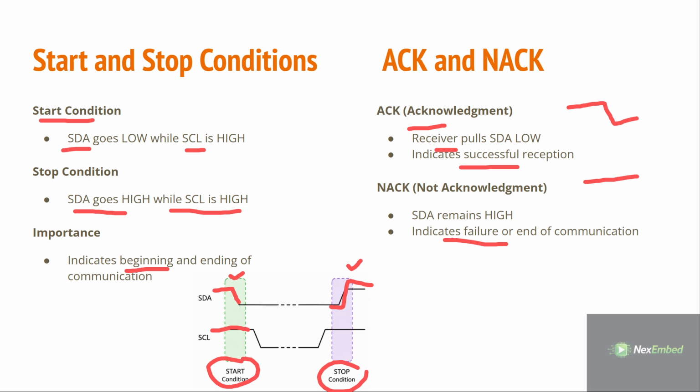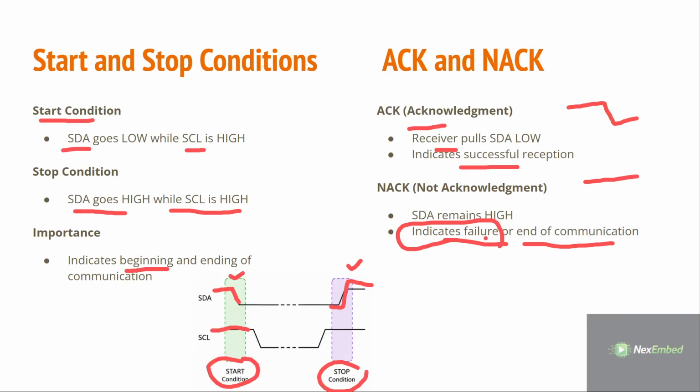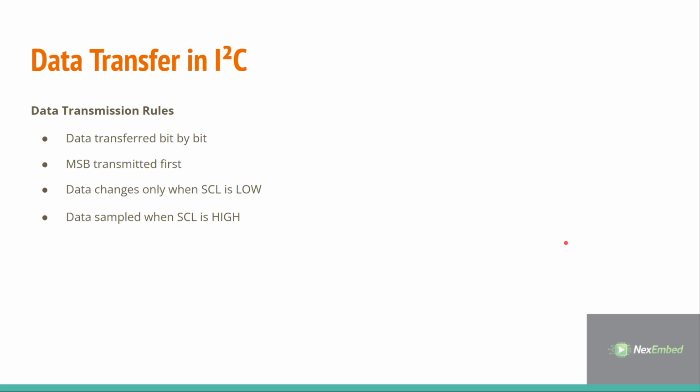If I am doing the write operation, NACK is used to indicate that the transaction failed. During our read operation, when the last bit is read, it will give NACK. Hence it indicates a failure case in write operation and end of communication in read operation. Is it clear? Okay.